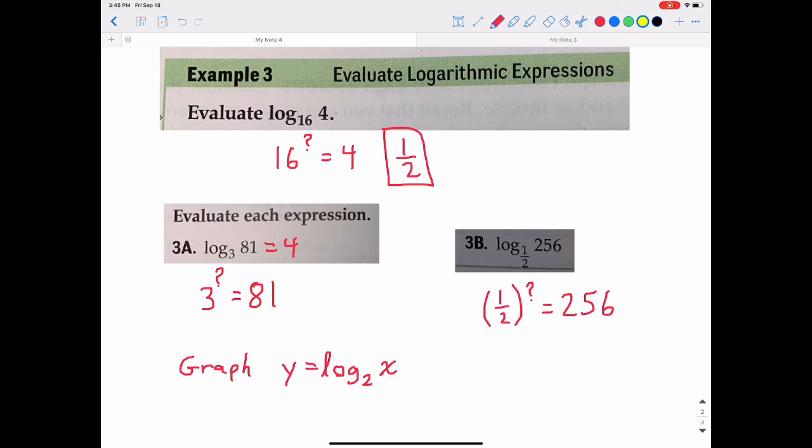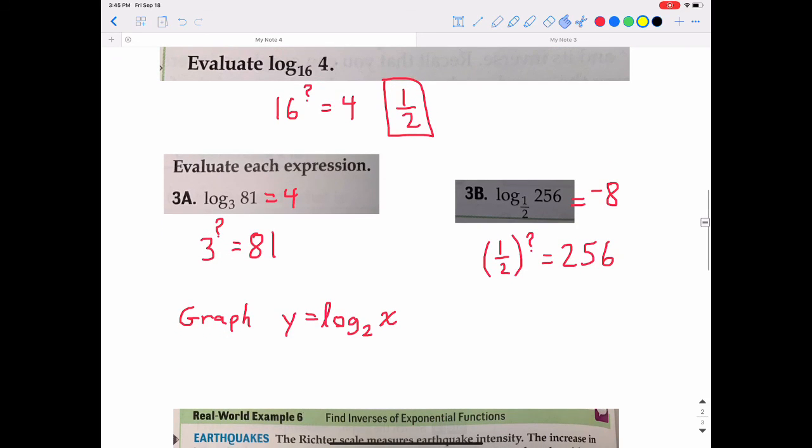Remember that we have negative exponents. Negative exponents are the reciprocal exponents, so the answer is going to be a negative. But negative what? Well, 2 to the 8th power happens to be 256. So since it's a half base, 1/2 to the negative 8 power would give you 256. So the answer is negative 8.